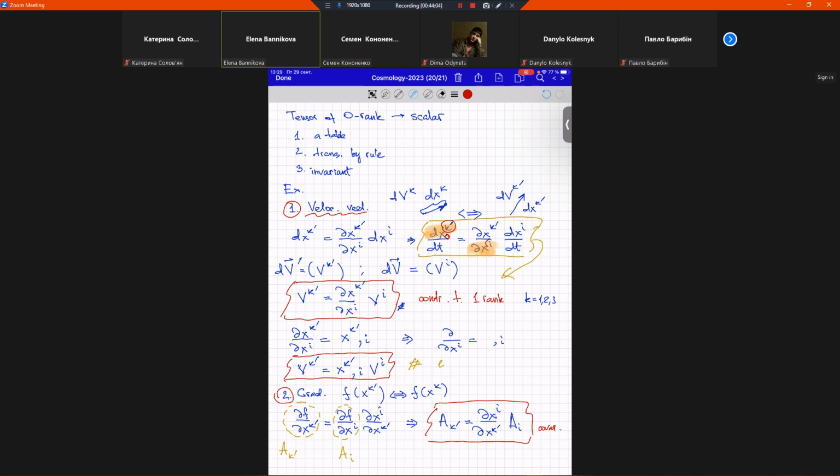But in any case, if you have some function f, let's take it as f on coordinates x prime, y prime, where x prime is a function of x and y.